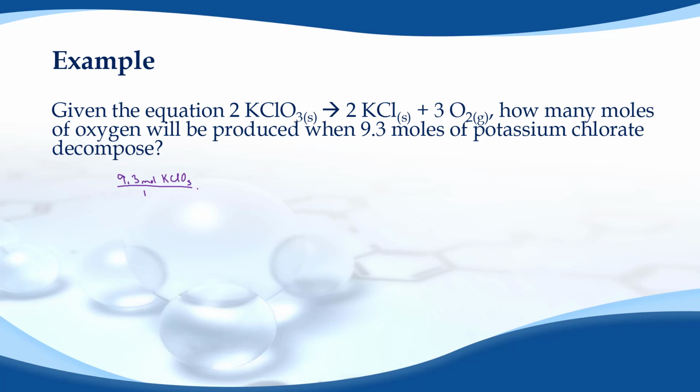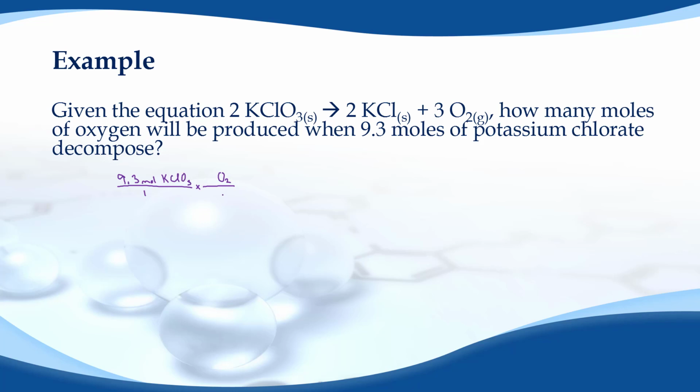Okay, so our starting amount here is 9.3 moles KClO3. Notice I'm going to write the number, the unit, and the substance because I want to know what substance I'm working with at that given time. So 9.3 moles KClO3. Since it's in moles, I'm going to multiply by the mole ratio. I want oxygen, so O2 will go on the top.